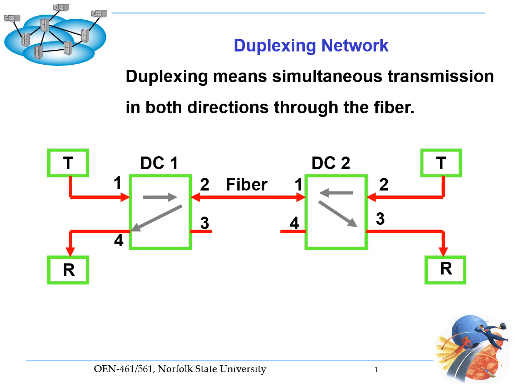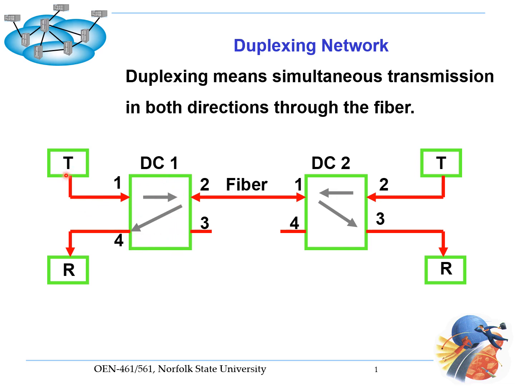We already discussed in one of the previous lectures how to build a duplexing network using directional couplers. For example, what is shown here, we have two users, one on the left and one on the right, and they can communicate both ways by utilizing two directional couplers.